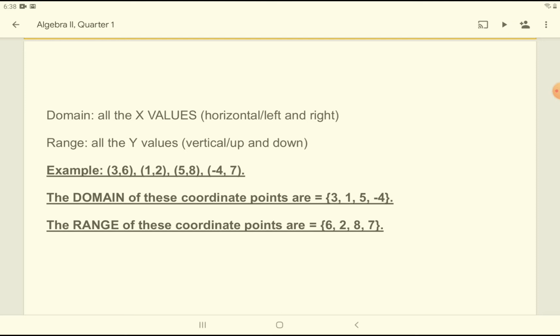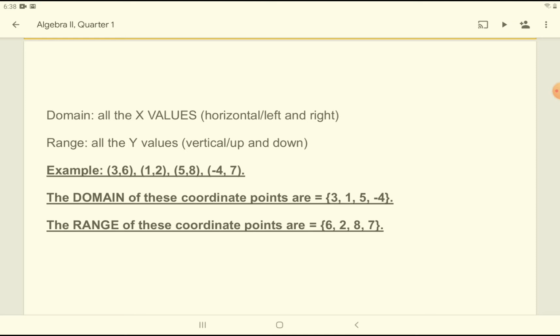Here's an example in bold. So say you have those 4 points: (3, 6), (1, 2), (5, 8), and (-4, 7). So the domain of these coordinate points would just be all the x values, which are 3, 1, 5, and -4. If you remember, the x values always come first. Okay?